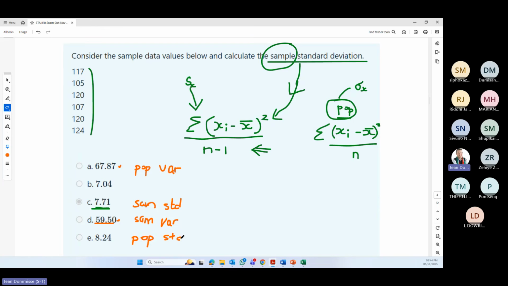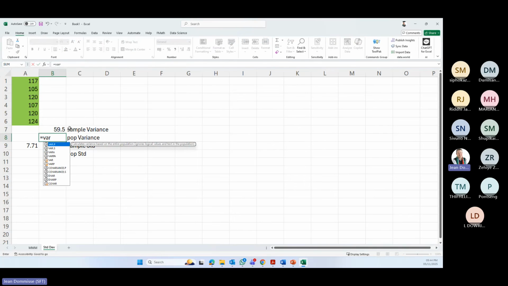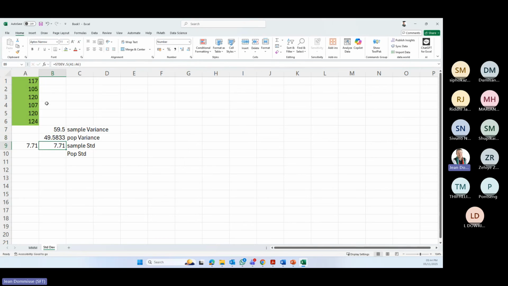So let's quickly check. Exactly the same data, we go to variance, then we select the one that looks at the population, same data. Oh, smaller. Oh yeah, because it's divided by a bigger number, 49.58.